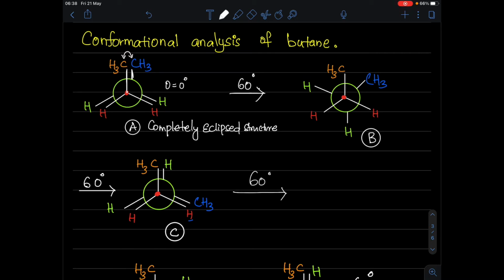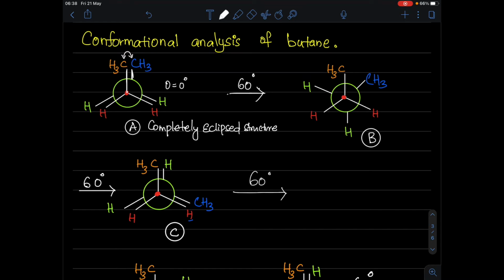In this structure, the two methyl groups are spatially close, so they experience a strain in the molecule, and this strain is called steric strain. Because the methyl groups are somewhat bulkier, they want some space. But because of their larger size and being exactly opposite each other, they experience a sort of repulsion, and we call this strain steric strain.